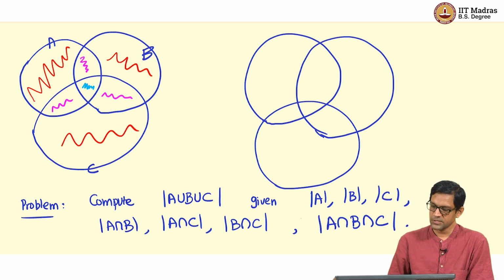So if I give you these 7 pieces of data, can you use them to find the cardinality of the union? That is the question.